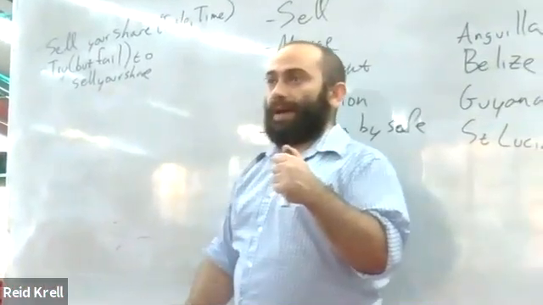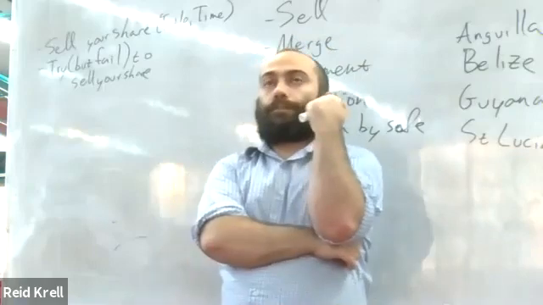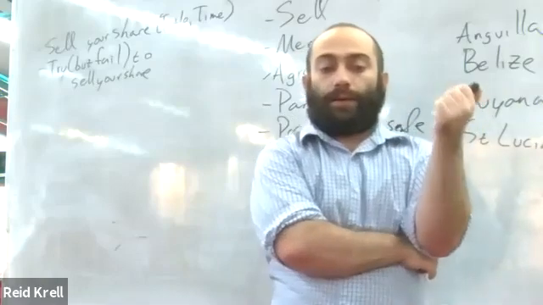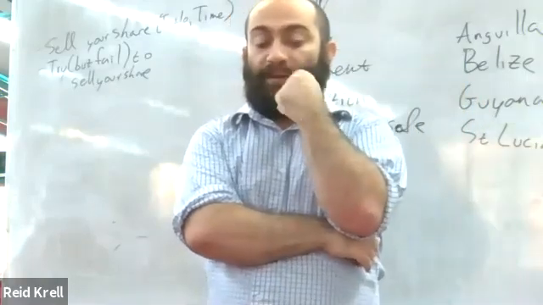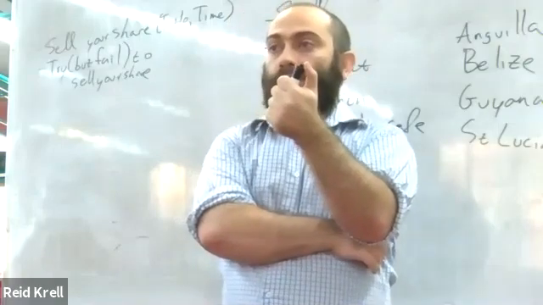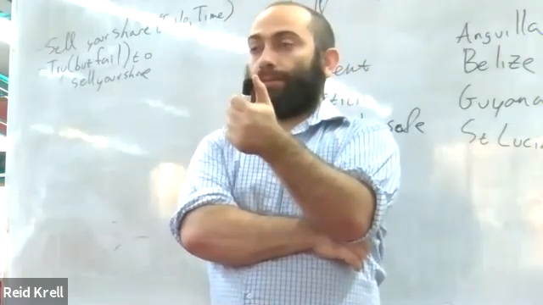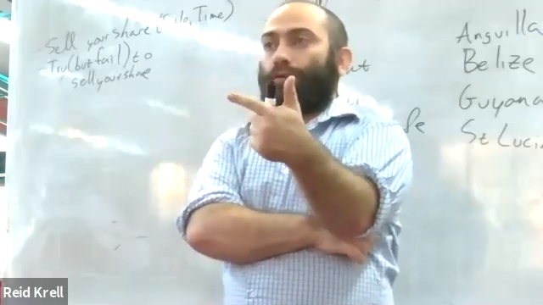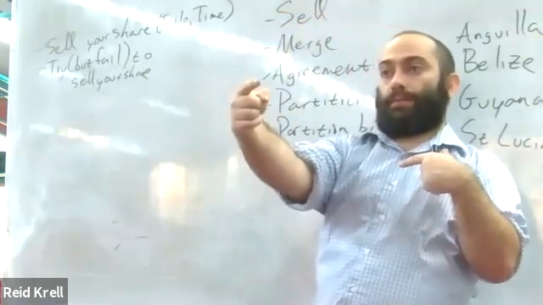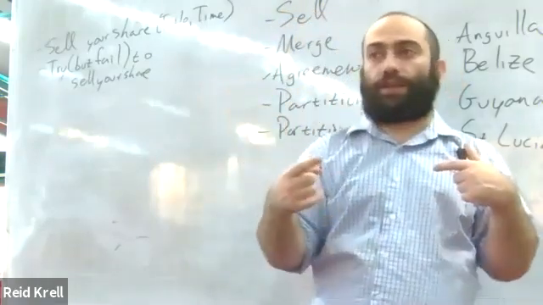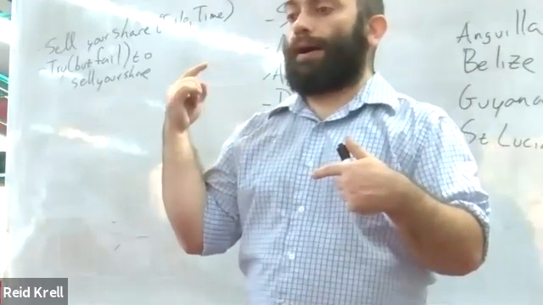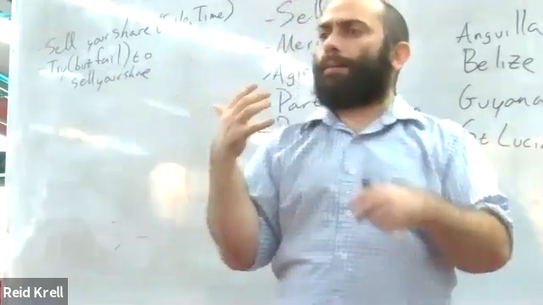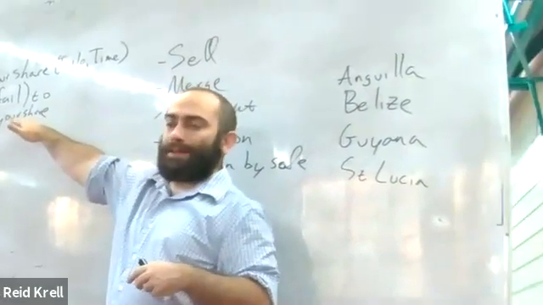Let me think about it. Okay, so think about it like this. If you have an agreement to sell your share, like a contract to sell your share, but you don't execute the deed required to convey it, maybe you screw up the signatures, maybe you fail to register the deed, whatever, then that would be this case, right?